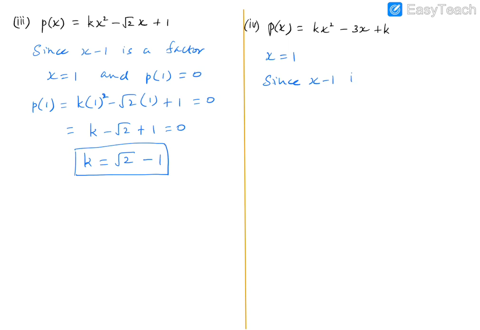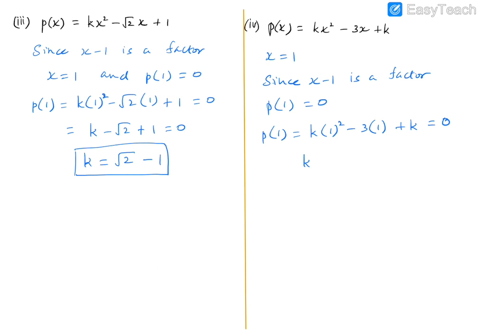Since x minus 1 is a factor, p of 1 equals 0, that is the remainder is 0. So p of 1, which is k into 1 square minus 3 into 1 plus k, equates to 0.